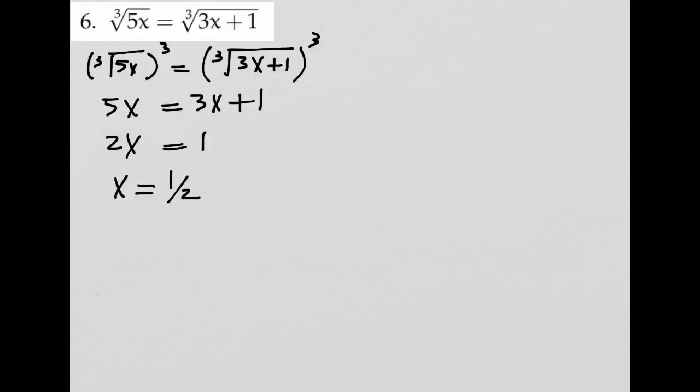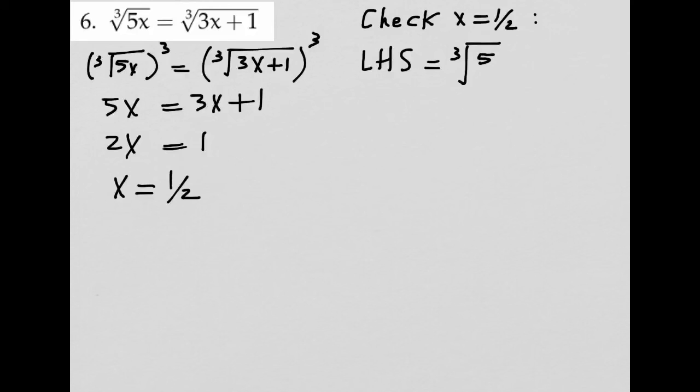Let's check whether it's also a solution of our original equation. Let's plug in the left-hand side. That gives us cube root of 5 times 1/2, so that's 5 over 2.